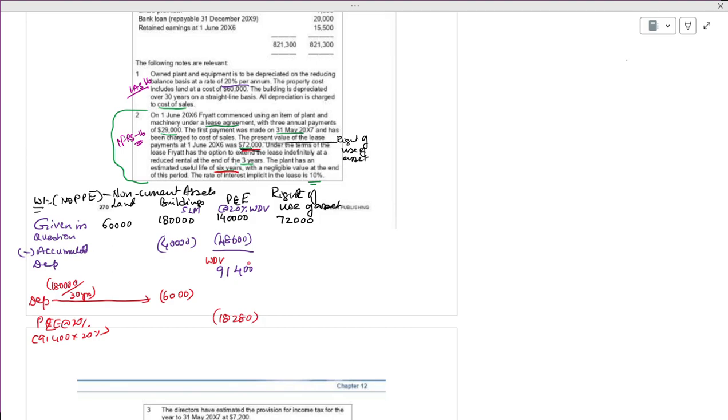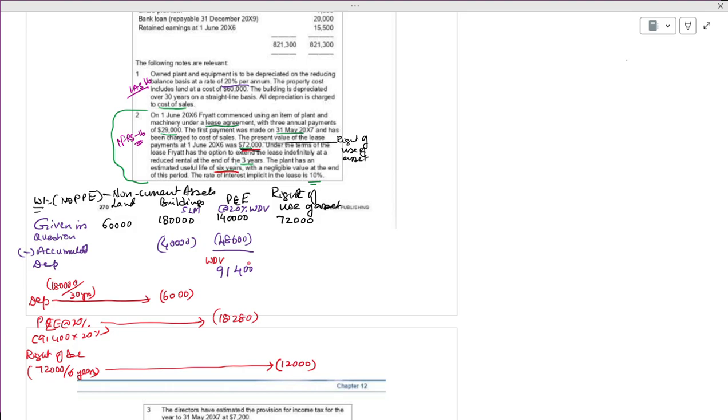How much is the life? 6 years. So for the right of use, 72,000 divided by 6 years. How much will we get? Depreciation here is 12,000. Are you okay about this?